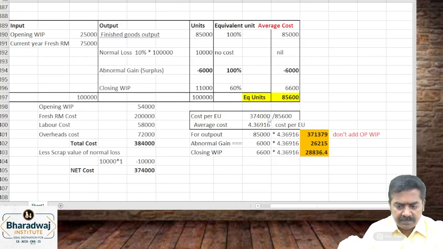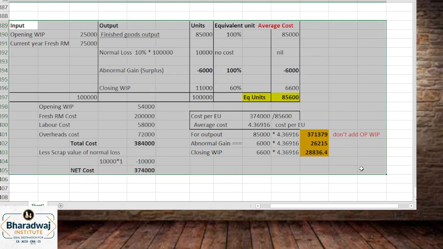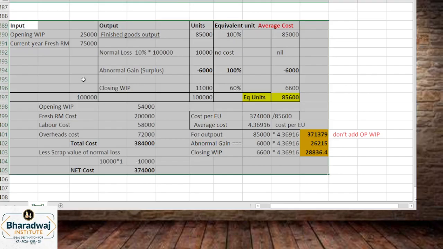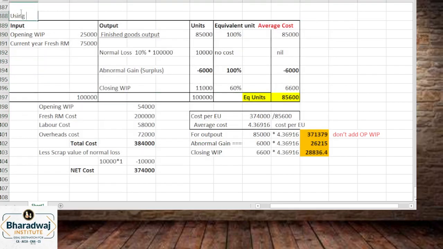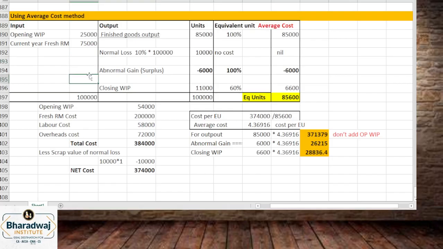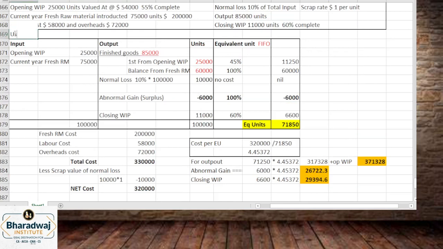Average cost method. So this problem we have solved using FIFO method and using average cost.